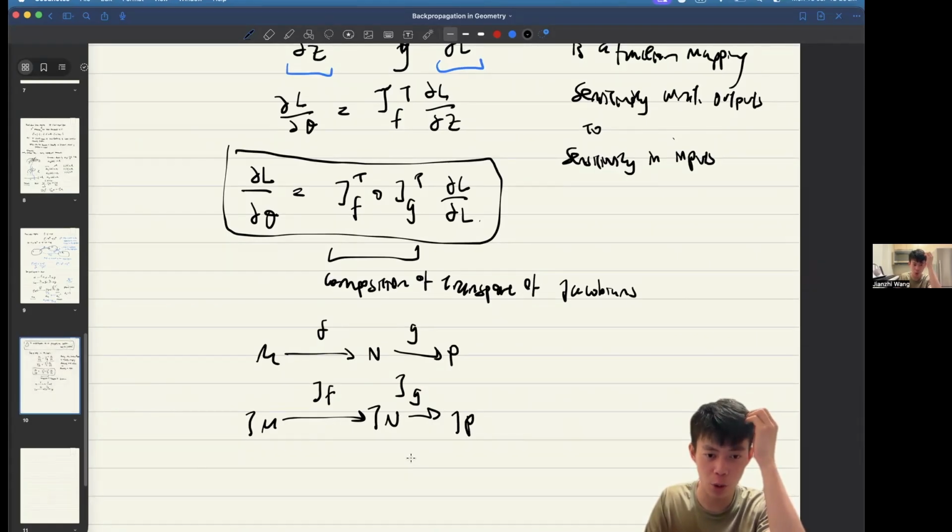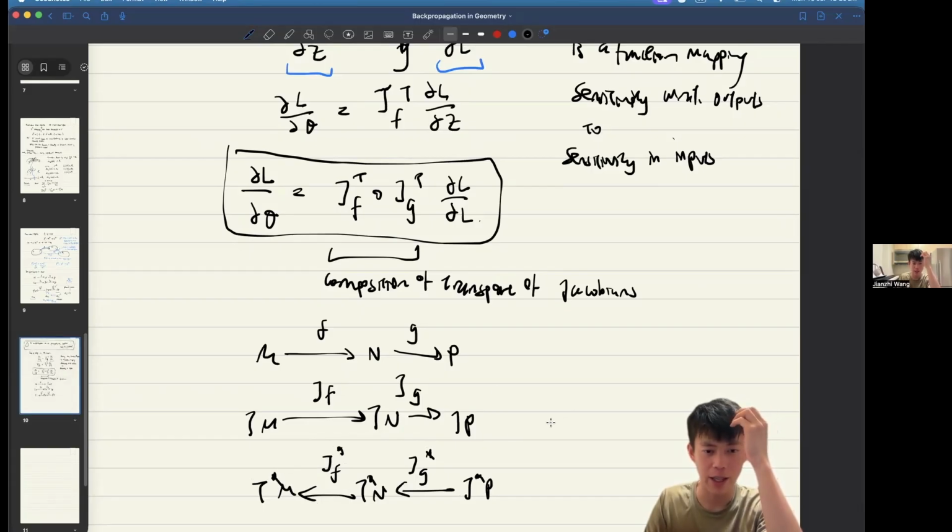And the transpose goes in the opposite direction, right? It goes from the cotangent space of P to the cotangent space of N. And the transpose of the Jacobian of F goes from the cotangent space of N to cotangent space of M. And you see that the dual functions of the Jacobians compose in a way that is opposite the function composition, right?